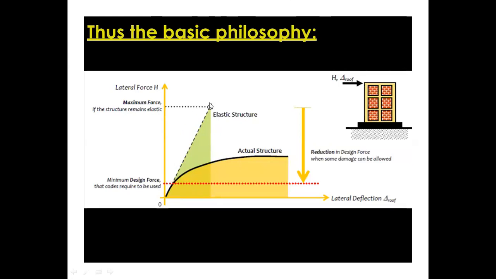It is the elastic structure which bears the maximum force; if the structure remains elastic, it will bear more of the forces. And these are the minimum design forces that codes require to be used. When we design using earthquake load and wind loading, our structure is more elastic than this actual design force, right? So there is a reduction in design force when some damage can be allowed.